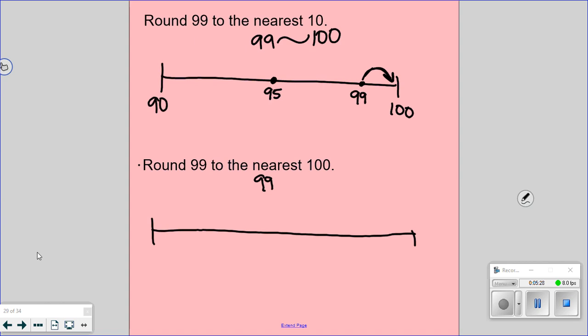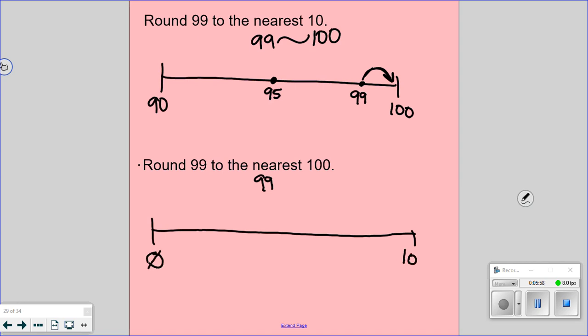Where is it going to live? Heidi? Wait, what was the question? What's going to be my endpoints? Oh, 90 and 100. Nope, that's my nearest 10. I'm now doing the nearest 100. Then 100 and 200? Is 99 in between 100 and 200? 0. 0 and 100.